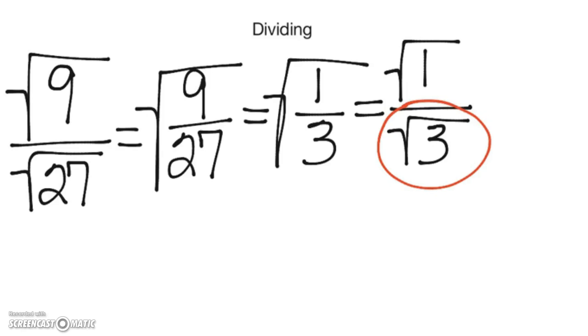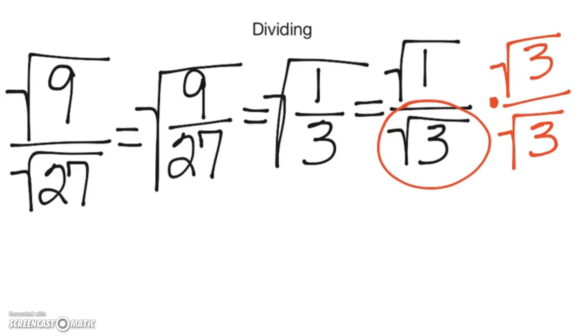It's fine to have the square root of 1 in the numerator, but you can't have the square root of 3 in the denominator. So our next step is always going to be to multiply by whatever that radical in the denominator is over itself. So you have to multiply it by the number in the denominator over itself. In this case, that's square root of 3 over square root of 3.